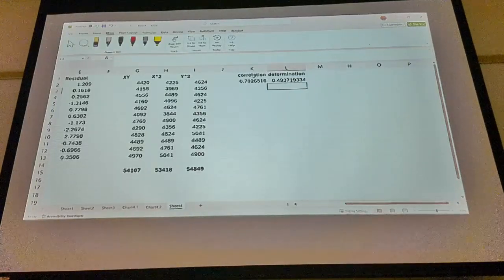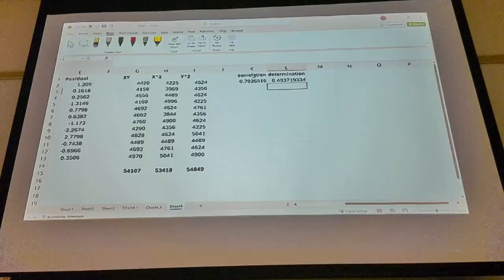What does that tell us? It's a long number. It went down in correlation. So what does the determination tell us? The variations.